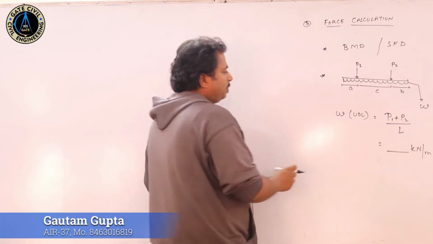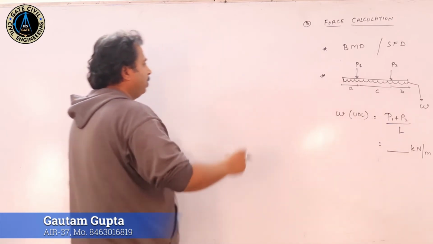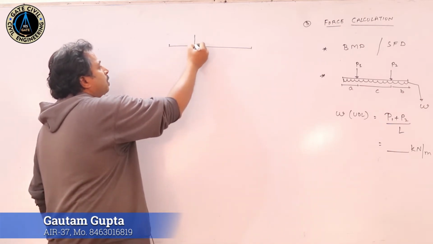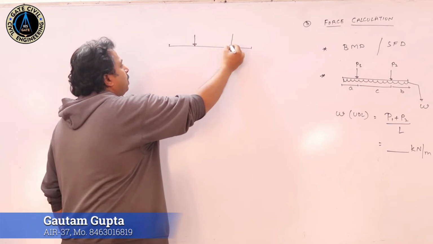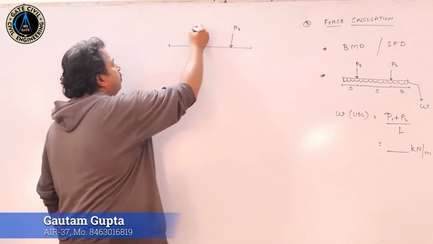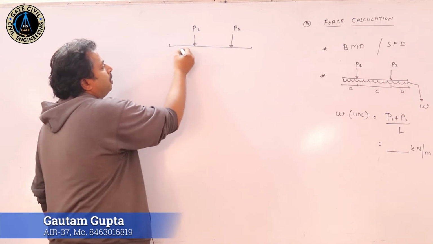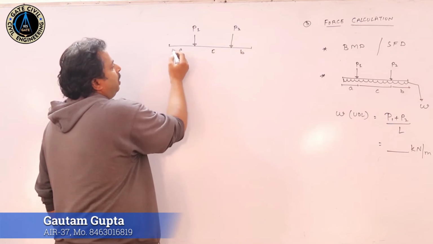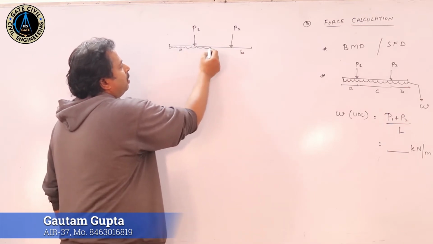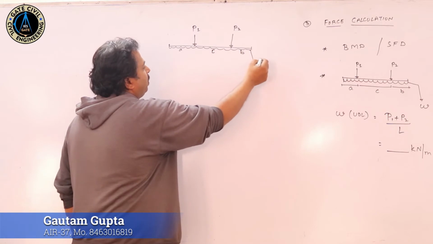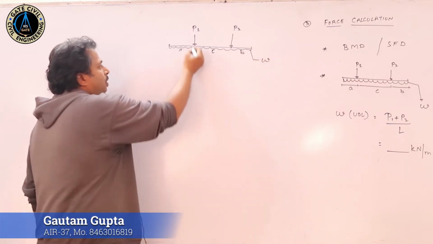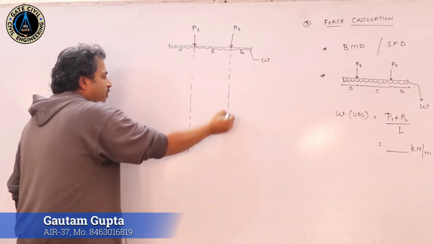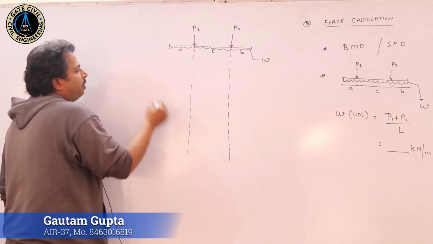So this is how you have calculated W. This is column line 1, column line 2, P2, P1, A, C, B, and there is a UDL of intensity W. So, just below this structure, we will try to draw the shear force and the bending moment diagram.